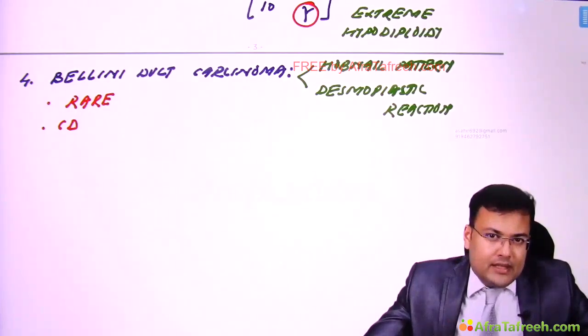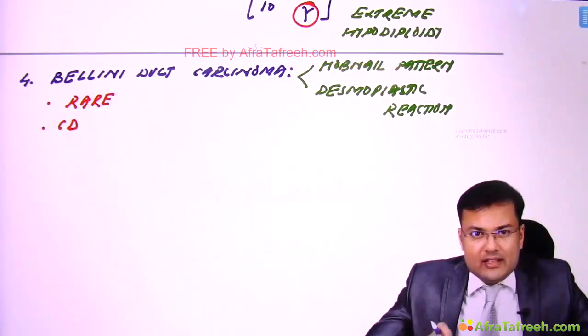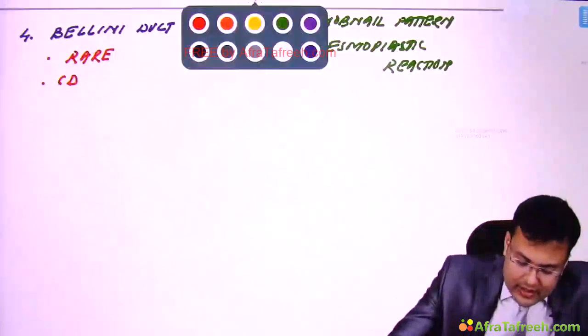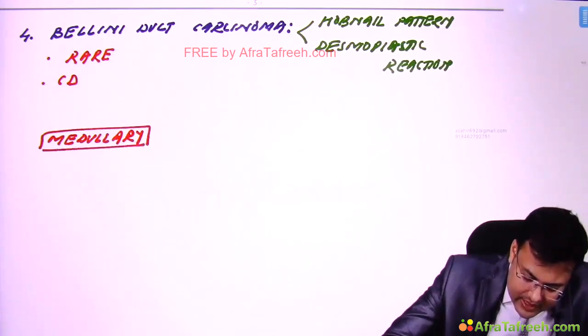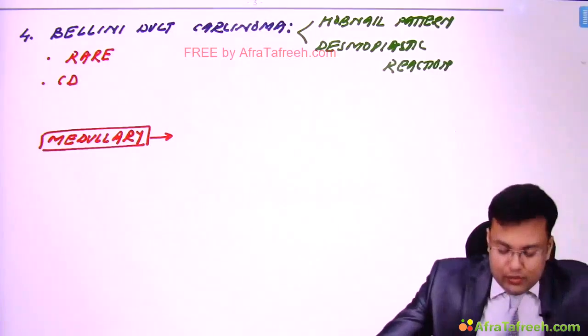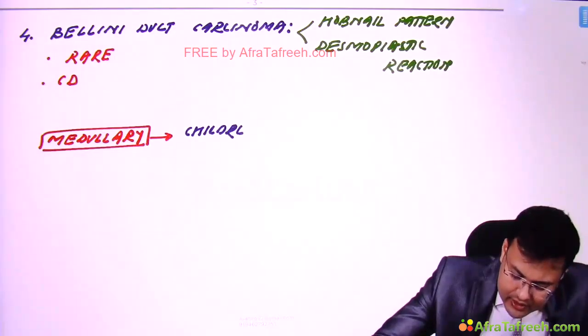The medullary variant of RCC is exclusively seen in children having sickle cell trait. So this is important.